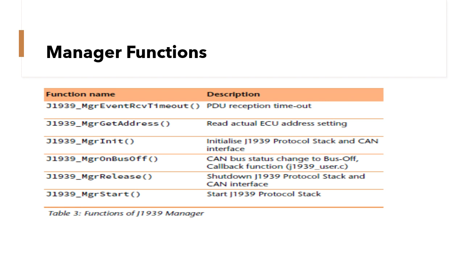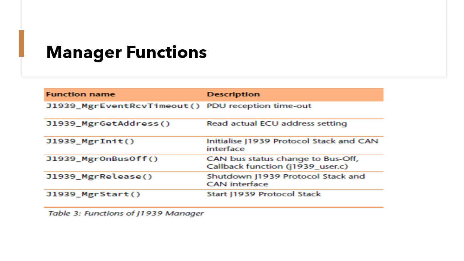Then release shuts down the protocol stack and CAN interface. I hope you recollect what we spoke about the message router. You might recollect the three layers: the application layer, the CAN stack layer, the J1939 protocol stack layer, and then the CAN layer.